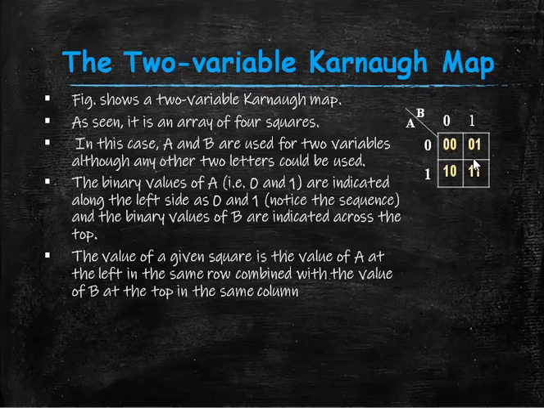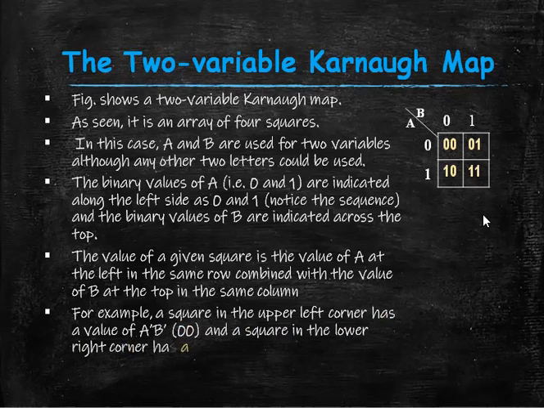And 1 1 represents AB. That is, the upper left corner 0 0 represents A bar B bar, and the lower right corner 1 1 represents AB.